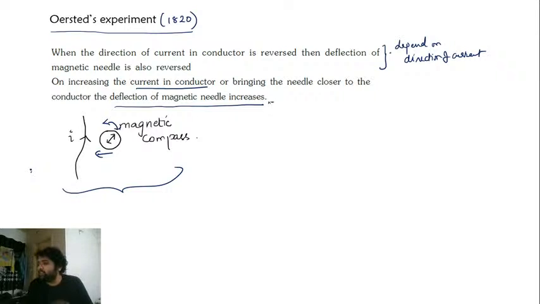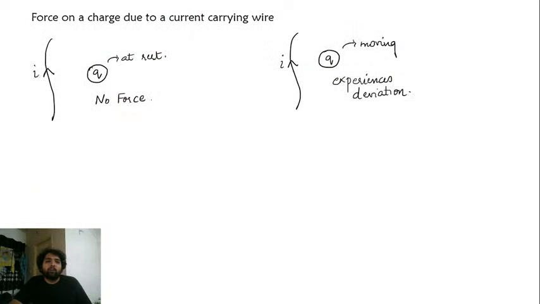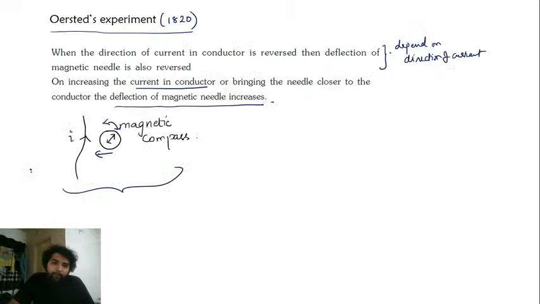So these are certain logical understandings that Oersted observed and gave in terms of his observations. This was purely accidental, and after the accident happened, he observed all these things, that the needle deflection depended on these two things.